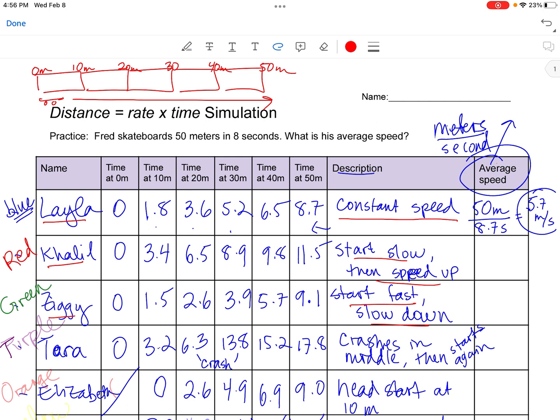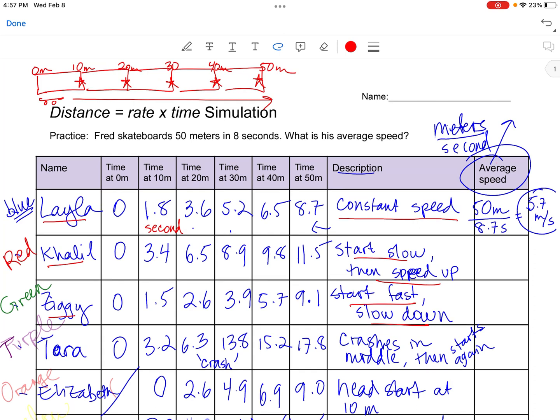So these numbers are the times, how many seconds had gone by when they reached these marks. So for example, Layla started, and I had students at each of these spots here with their timers on their phones, timing how long it took to get from the start to their spot.